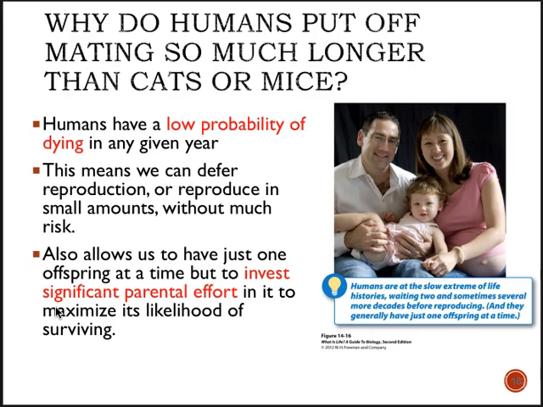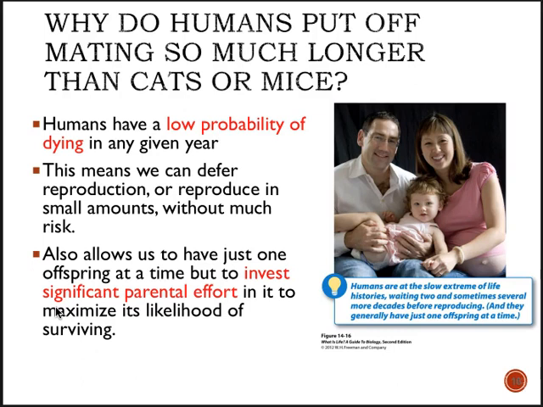But most people aren't having babies, thank goodness, at age 12, right? We're deferring that until years and years down the road. These days, at least in the United States and other developed countries, that age is in the young 20s on average. But there are lots of people who are reproducing later in life as well.